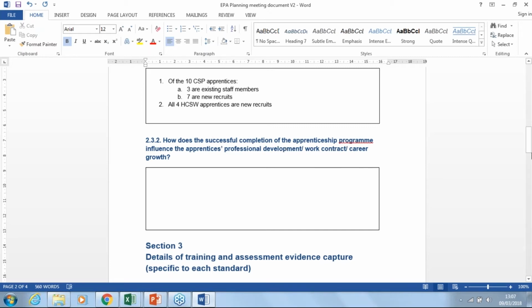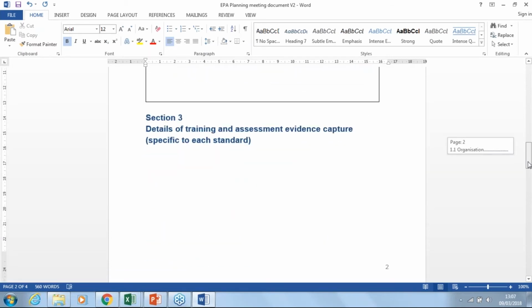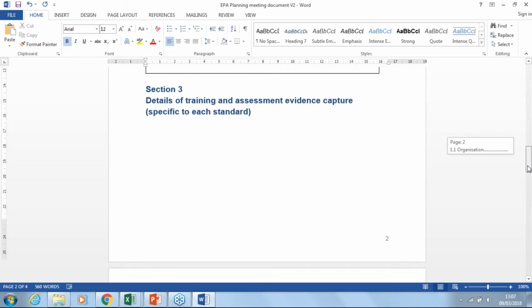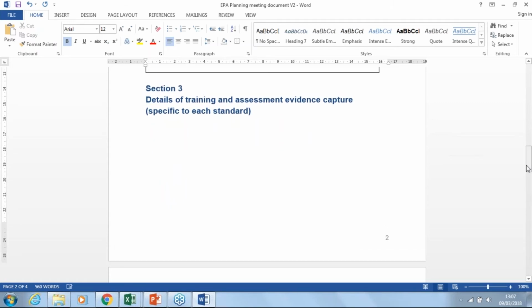So what we capture in terms of details, I've just highlighted there. We'll just ask a few questions around how the learning program is structured, what happens on the job, how the line manager inputs to the apprentice, and how the off-the-job training element is being adhered to. Each of these standards obviously has different requirements around knowledge, skills, and behavior.